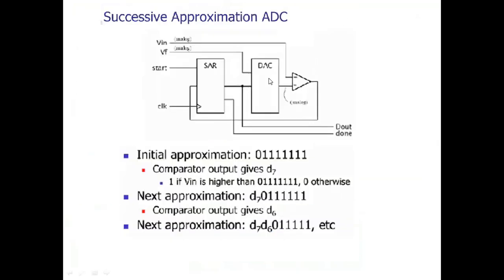So next is successive approximation ADC. The next widely used ADC is the successive approximation ADC. It is used because the earlier flash ADC, which we saw in the last slide, used so many resources: 8 registers acting as a voltage divider network, 8 comparators, and 1 encoder.